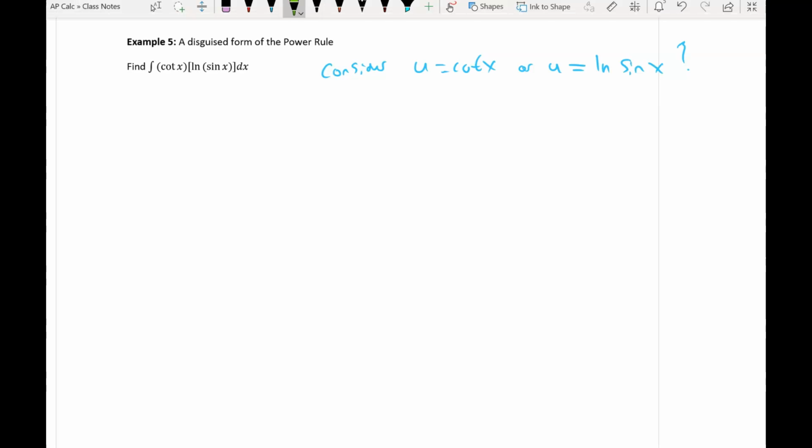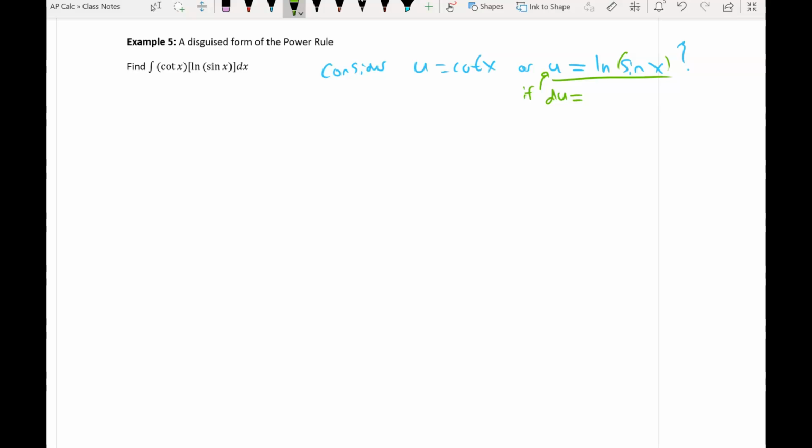If you choose this one, if u equals natural log of sine of x, what does that mean du equals? Well, we know that the derivative of the natural log of something is the derivative of that thing divided by that thing.